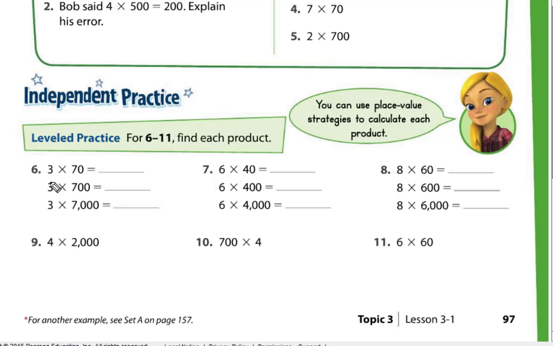I will remind you of the answers, okay? 3 times 7 is 21. 6 times 4 is 24. 8 times 6 is 48. And you continue with the next 3 questions. You have 1 minute. Okay, please do not use your mic.